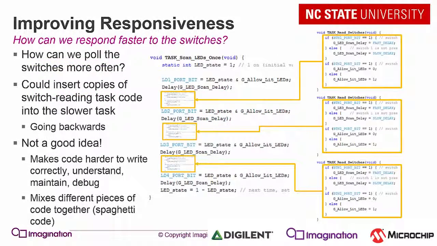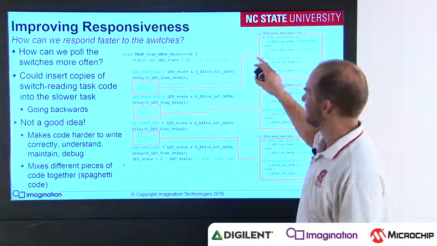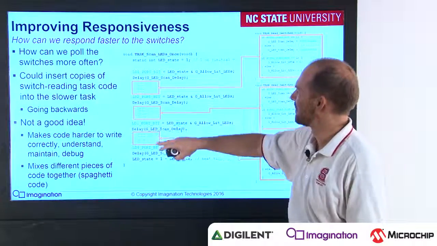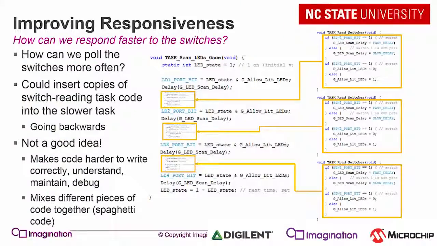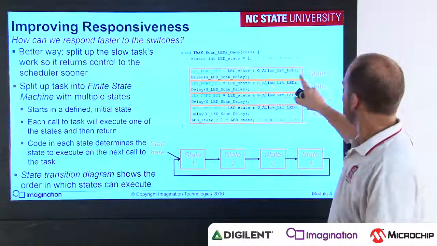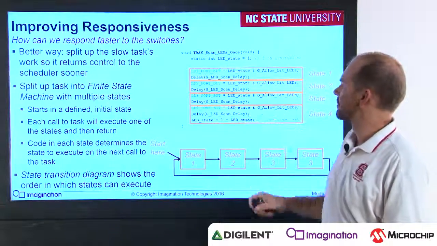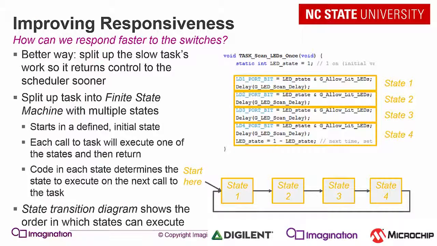We look at how we can improve responsiveness so that the switch presses are detected more often, and there are some bad ways of doing this. We could insert task calls to task read switches very frequently in the LED lighting code, but this is a bad idea, so we don't do that. Instead, what we're going to do is split up the code in the scan LEDs task and break it into several states so that only one state executes on each call to the task scan LEDs once.